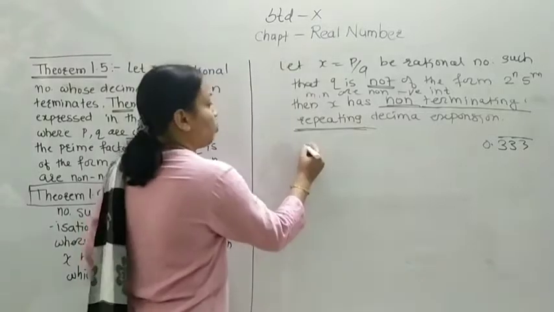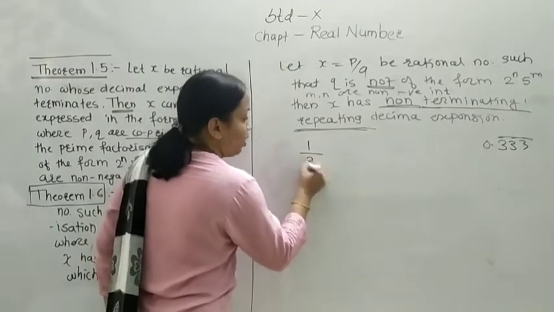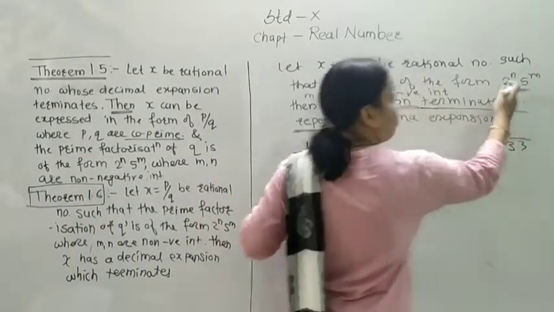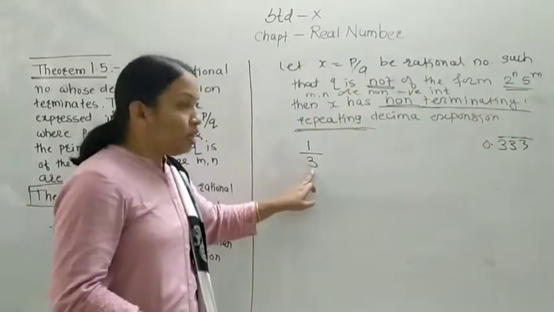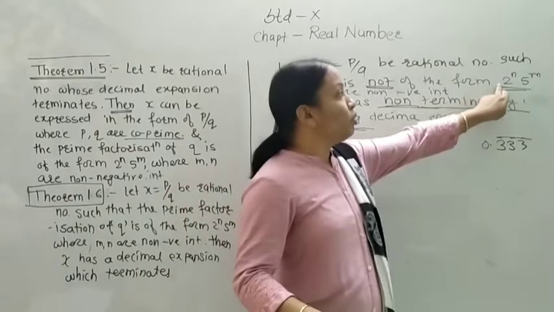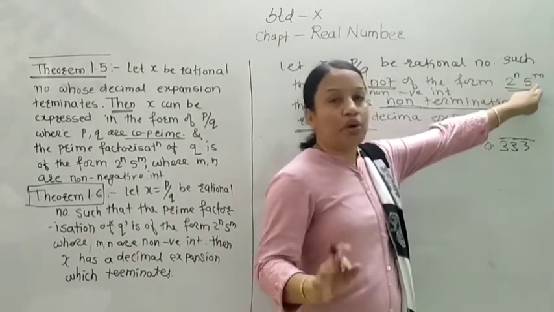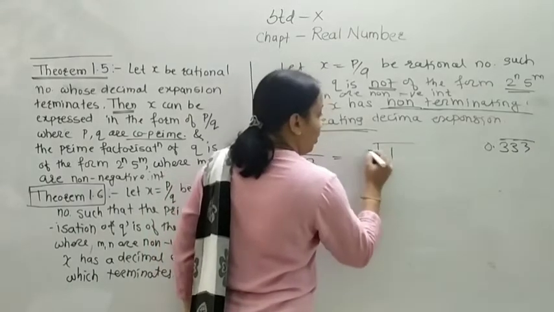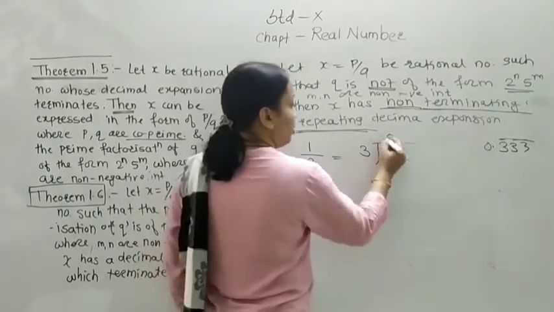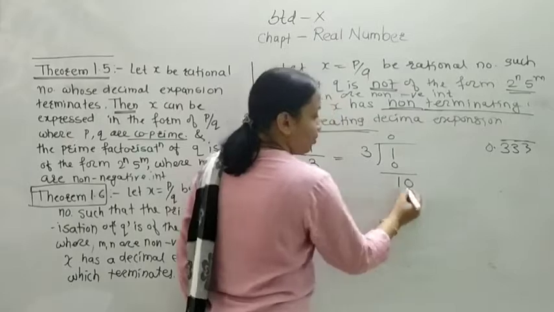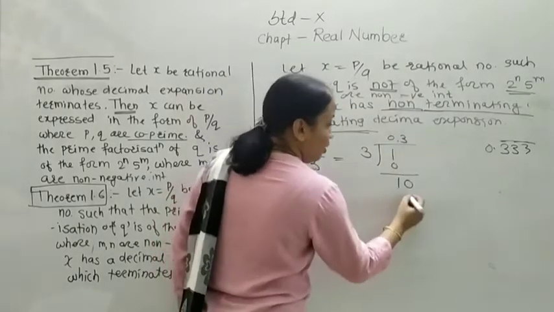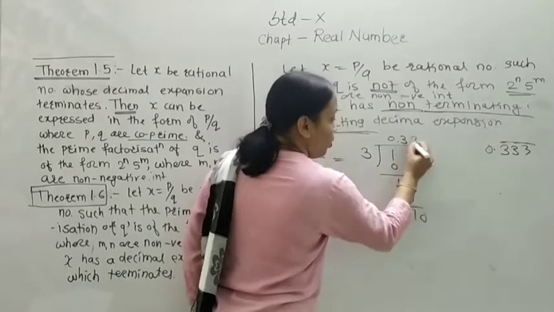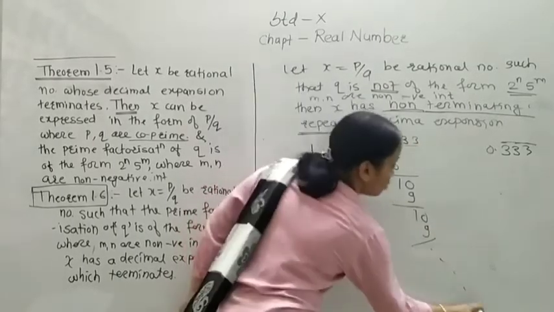Now suppose we take 1 upon 3. As 3 is not of the power of 2 or 5 or both, 3 is not in the form of 2 raised to power n and 5 raised to power m. You cannot write it so. If you carry forward this division, 1 divided by 3, what will you get? 0, then 10. Now point 3, 9, again 3, sorry, again 1, again you have to give 3, again 9, and so on.